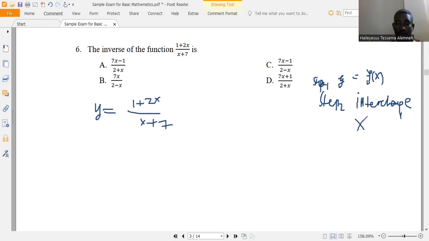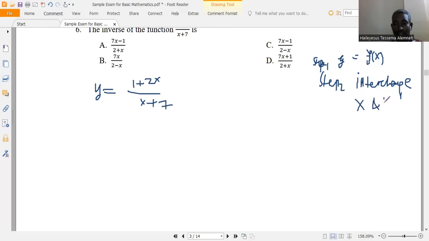In the place of y we write x. In the place of x we write y, and in the place of y we write x. Then what do we do on step 3? On step 3 we solve for y.